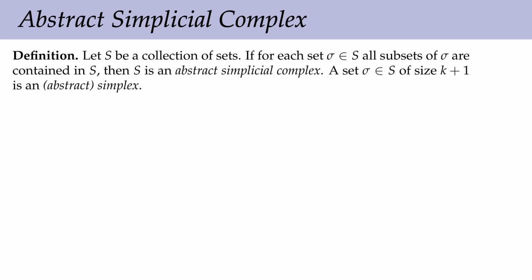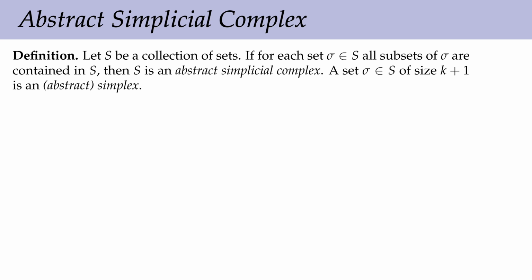Okay? So to give an abstract definition, let's say S is a collection of sets. Very generic. Then if for each set sigma in S, all subsets of sigma are also contained in S, then S is an abstract simplicial complex. Okay?